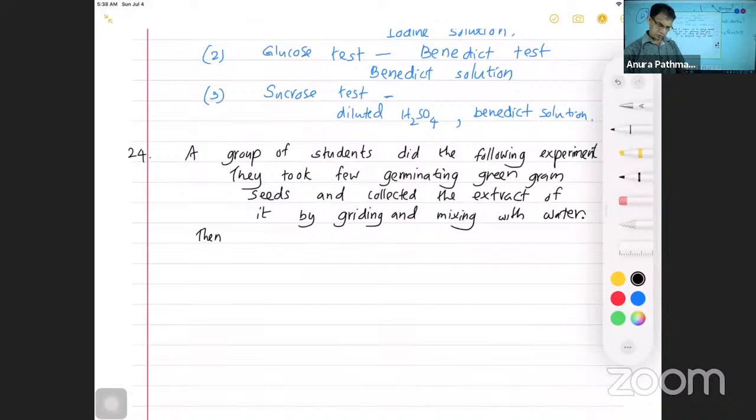Then they took wheat flour and added Benedict solution and observed.